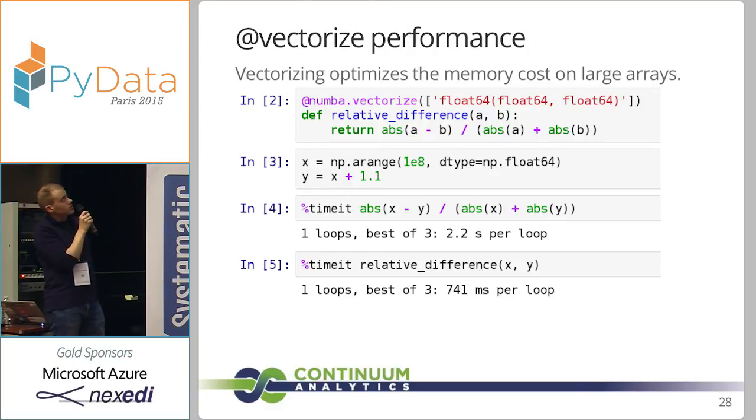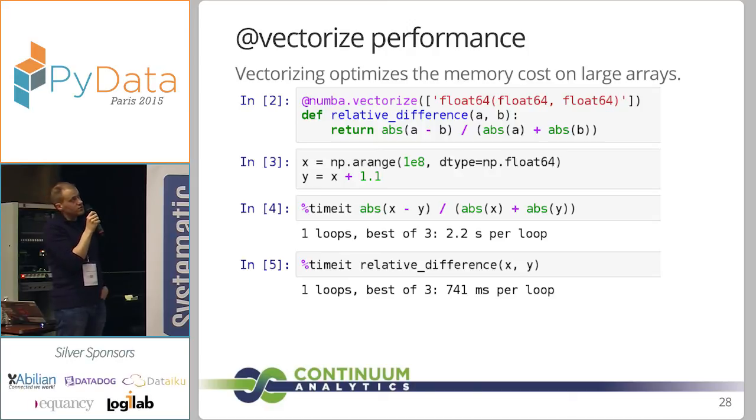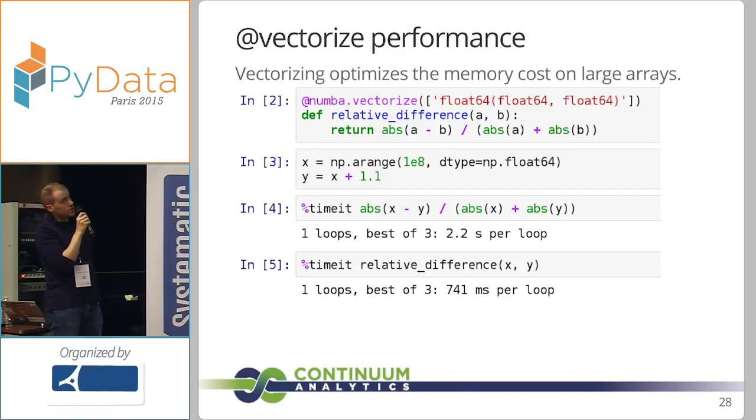We want to compare this speed to the speed that we obtain in straightforward Numpy code. On a large array, we observe that we get, in this case, on my computer, a 3 times speedup. And why is that? It's because when you write the Numpy array expression, Numpy will run each operation on the whole array, and it will do that one at a time per operation.